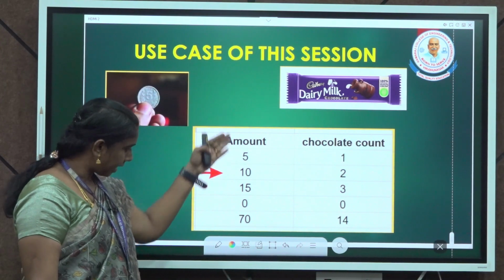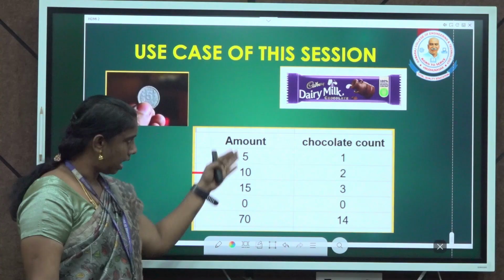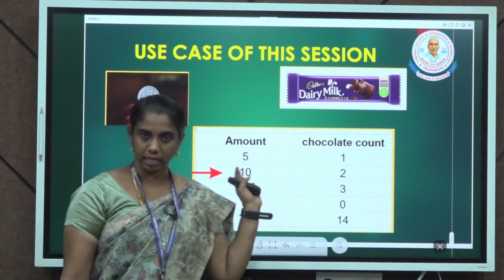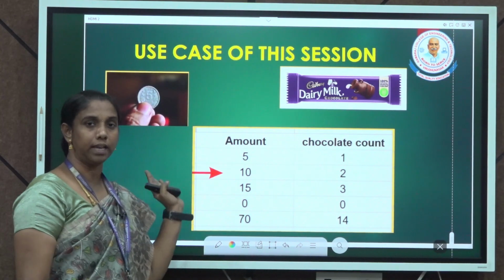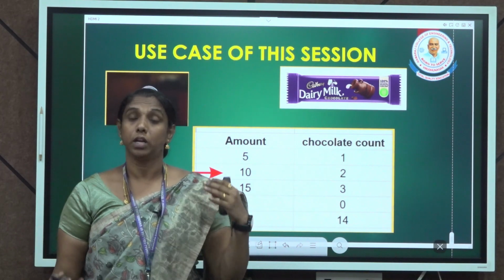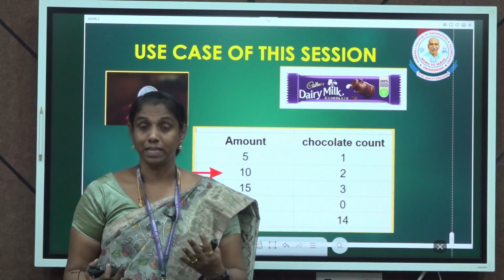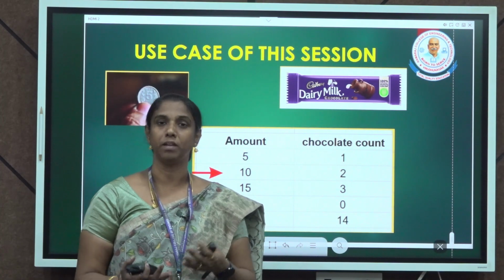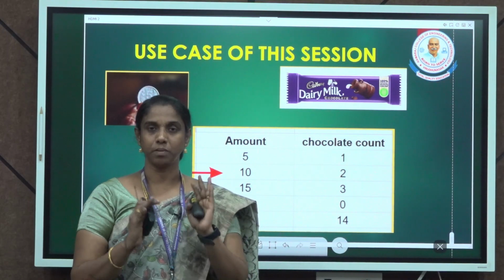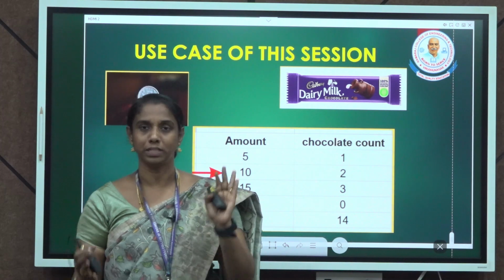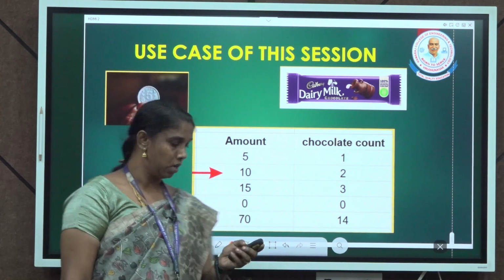So I can give the amount as input and the number of chocolates as the output label. I can give this data set to the model, and tomorrow you can give an amount of 5,000 and my model can predict how many chocolates can be bought. If the system predicts correctly, this algorithm is suited for that particular application.